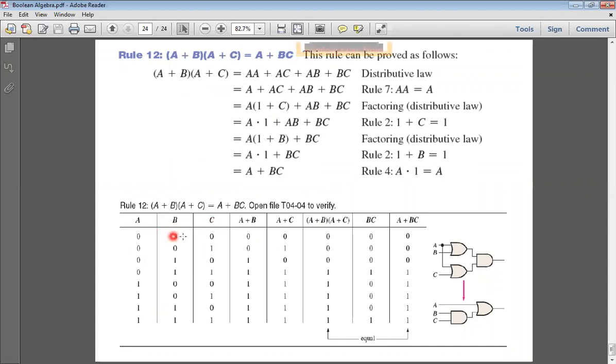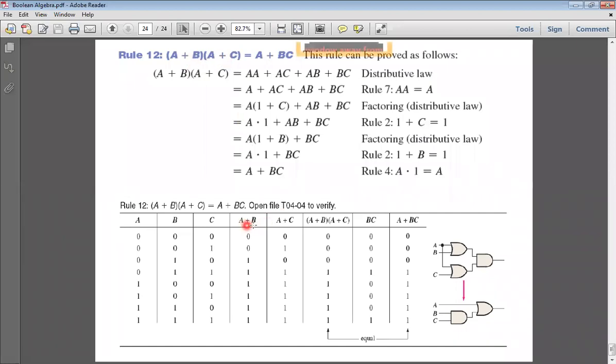These are the 3 variables, and totally we have 8 combinations, 0, 0, 0 all the way to 1, 1, 1. Now in the left hand side we need one term A plus B, we have calculated here A plus B. We need another term A plus C, we have calculated A plus C here in this column, and we have multiplied these two because we need, what is the left hand side? A plus B into A plus C. We need this one because it is difficult to calculate in one step the total expression.